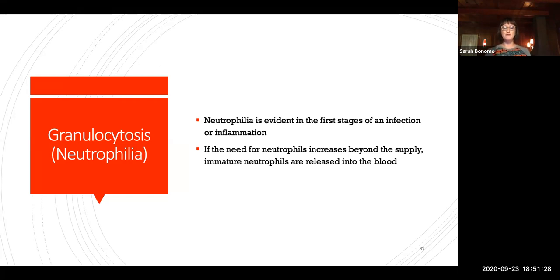When we suspect inflammation or an infection, we do a CBC and look at the neutrophils, which is one of the first indicators. We're going to see an increase in the neutrophil count when we have a new onset of infection or inflammation. If the body is requesting more neutrophils, then immature neutrophils get released from the bone marrow into the blood in response.